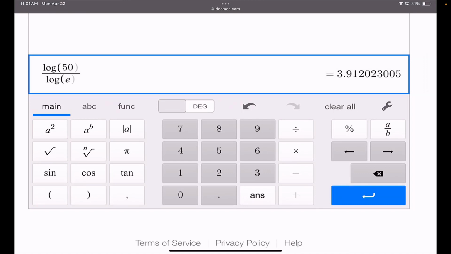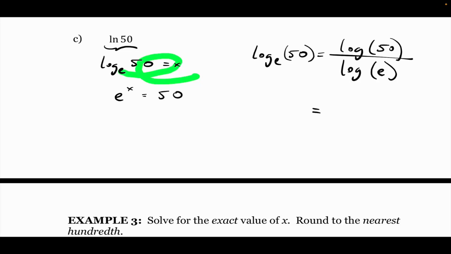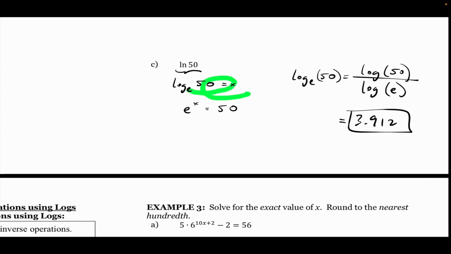It's going to stay 2 because 0 is right behind it. So 3.912. That's the power, almost a 4 power. All right, so that's how to use your calculator to do logs.